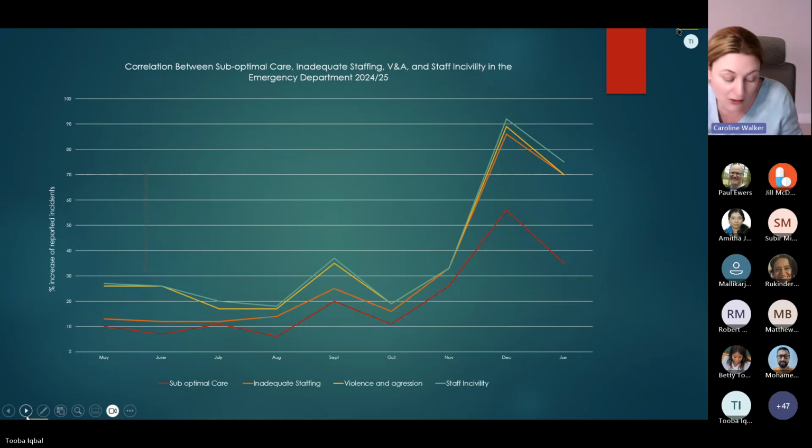So you can't say it's necessarily causation, but it's this quite striking correlation between radars that look at inadequate staffing, suboptimal care, violence and aggression and incivility, and all these things are directly correlated, which suggests that as the pressure within the organisation and your work environment increases, people are more likely to be uncivil. There's also some really interesting information out there that says actually the more empathetic we are, the more likely we are to be affected by incivility.